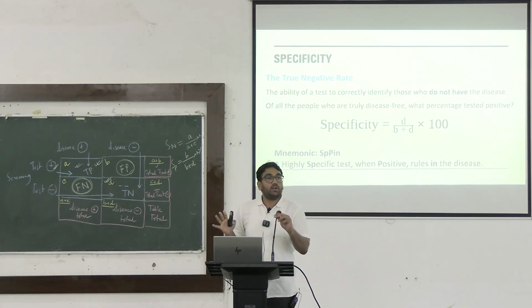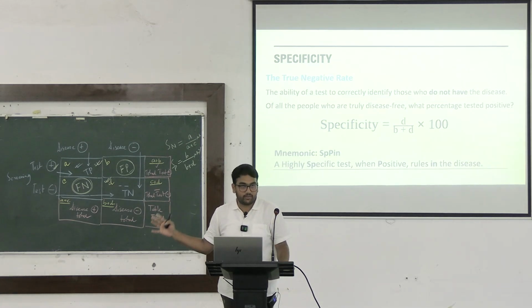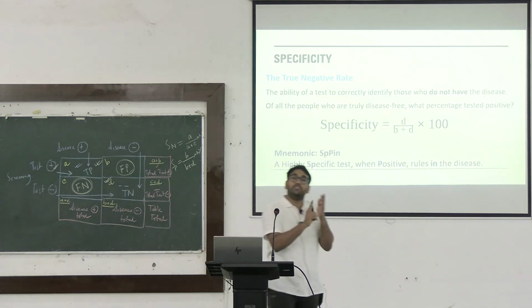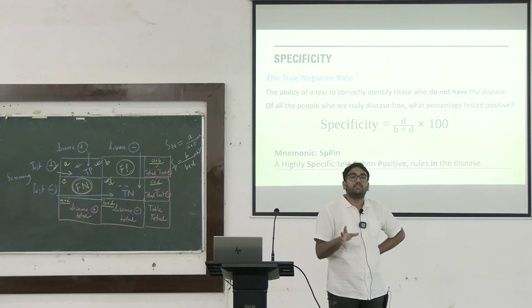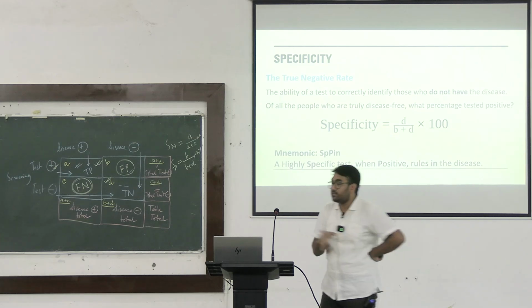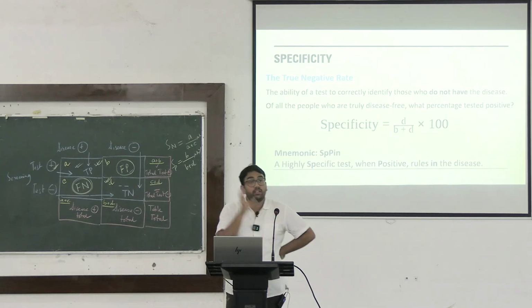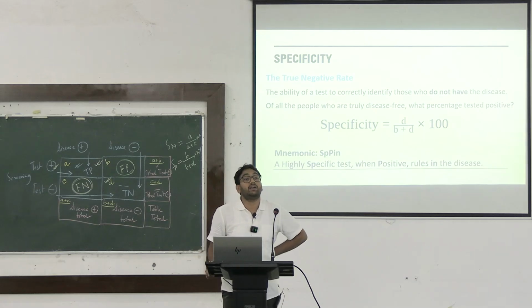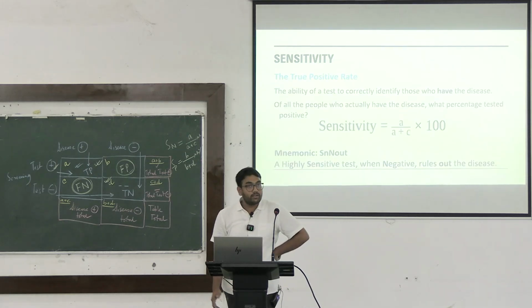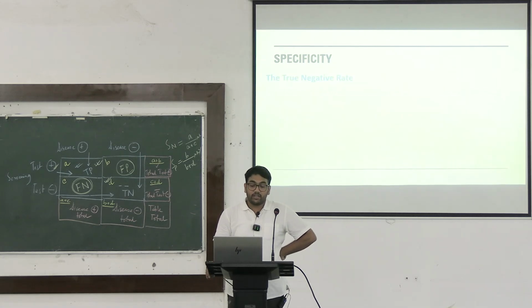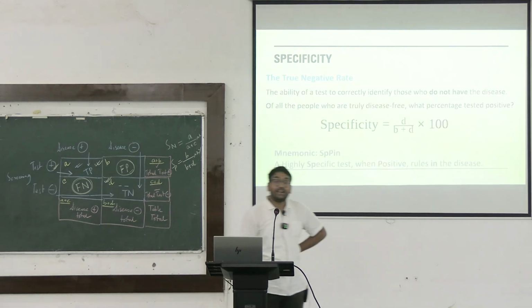If the specific test is very accurate and is giving a positive result, there is a high likelihood that the disease is present. So sensitivity helps us to rule out disease. Specificity helps us to detect disease.